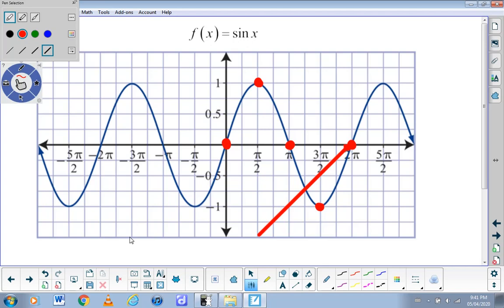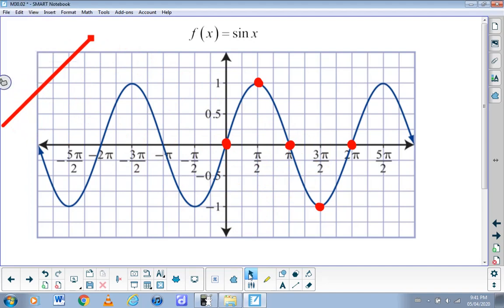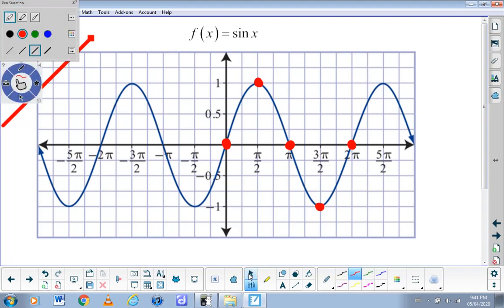And I'm doing this for a reason. It really isn't about how we can get the graph. I want to point out to you that when we take a look at those points that I've sketched, there is a pattern going on. And the pattern contains 4 pieces to it.